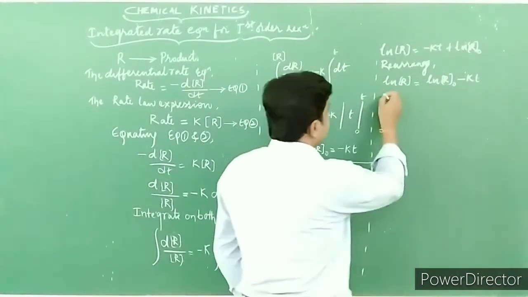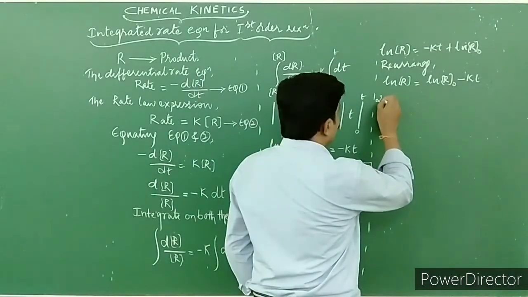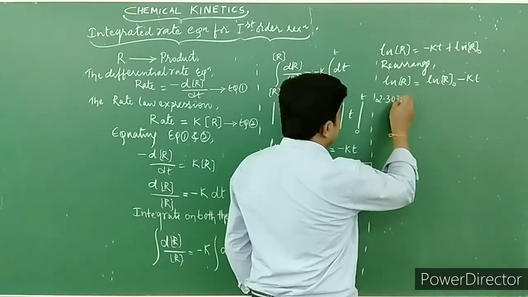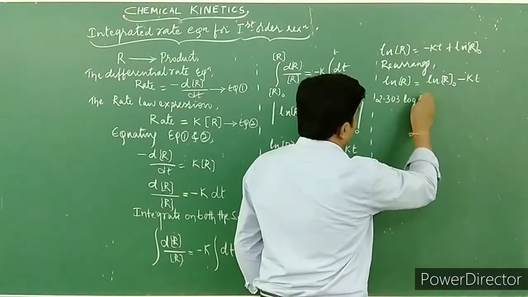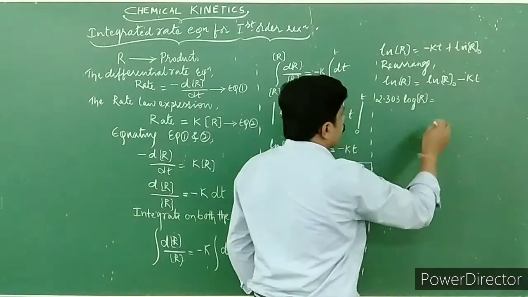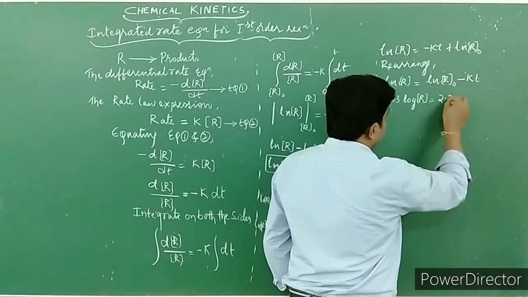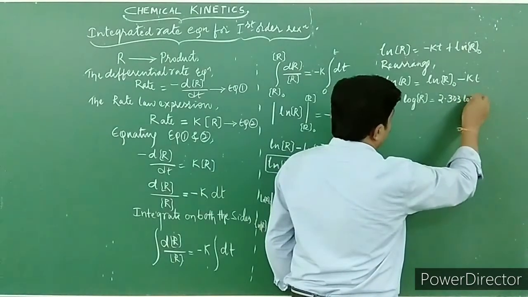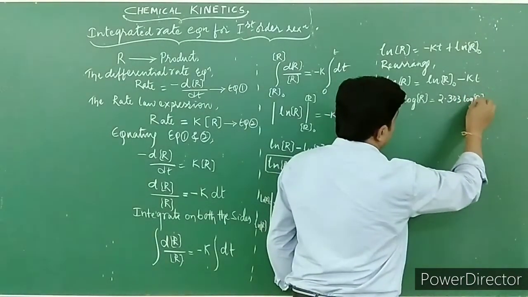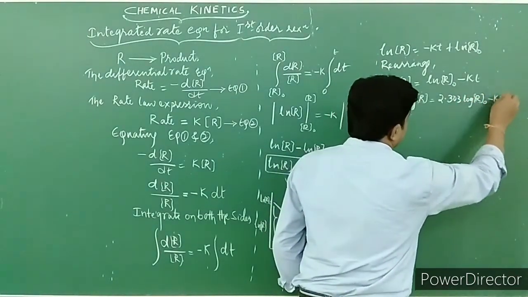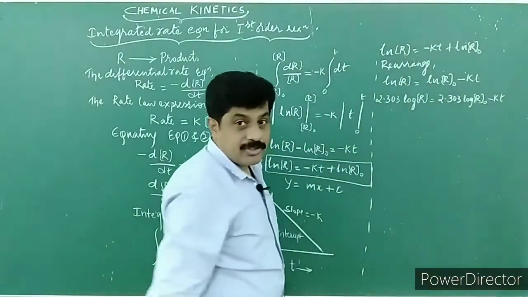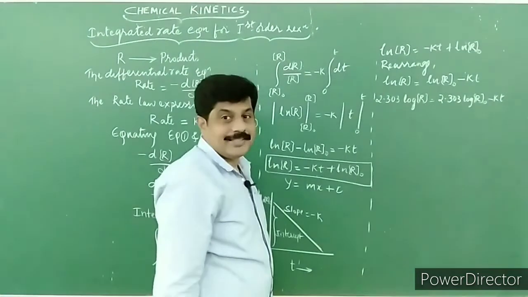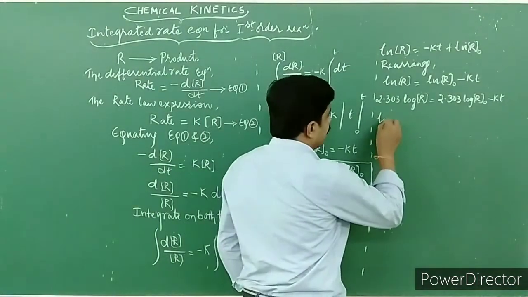In that case, look at here. 2.303 log R is equal to 2.303 log R naught minus kt. Is it not? Now I'll divide the entire equation by 2.303. Now look at here, what I'm going to get?